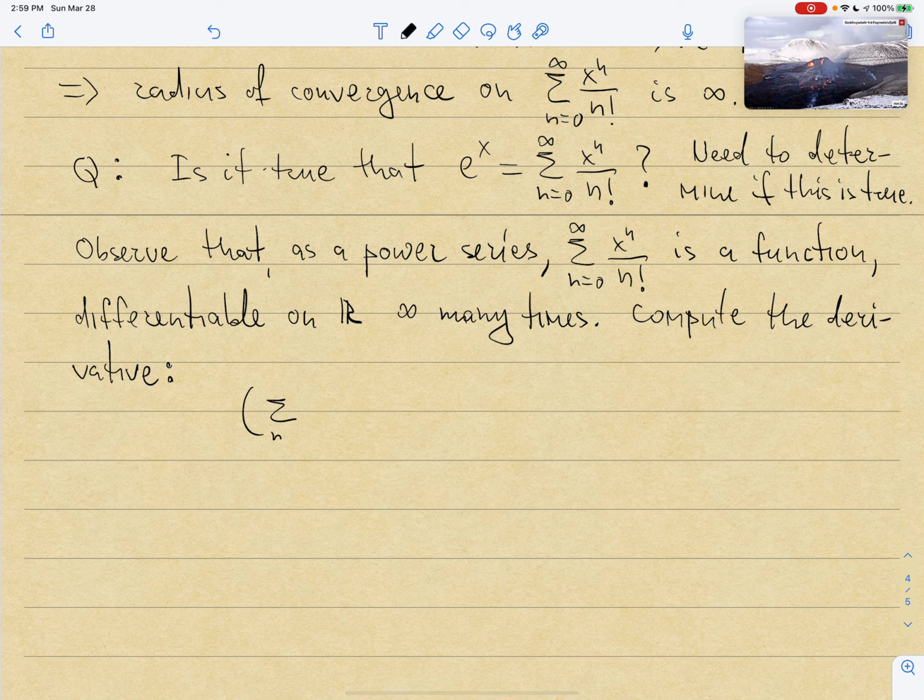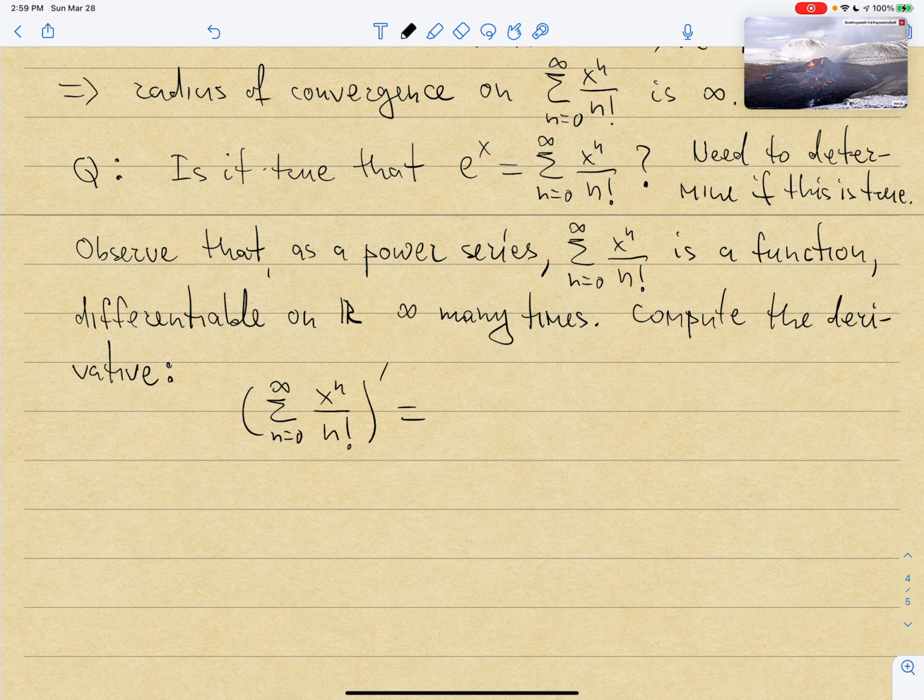Sum from 0 to infinity, x to the n over n factorial. Again, how are we computing derivative of a series? We're taking derivative of each term in the series.